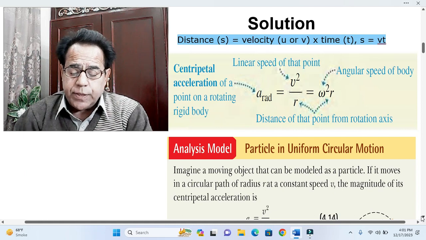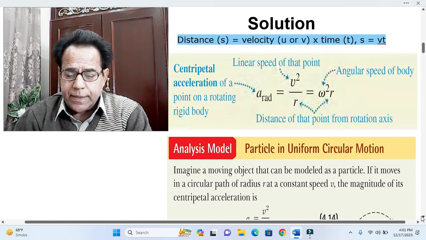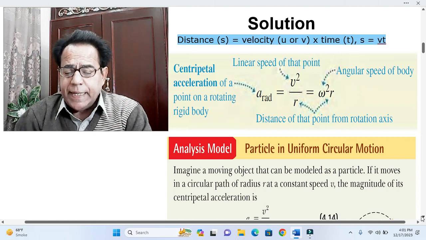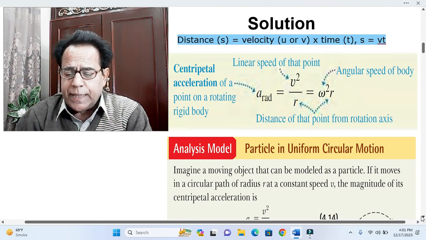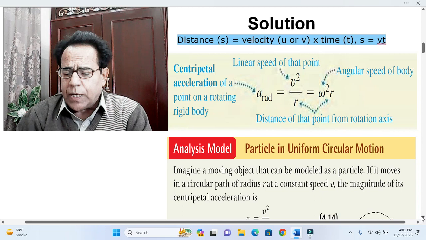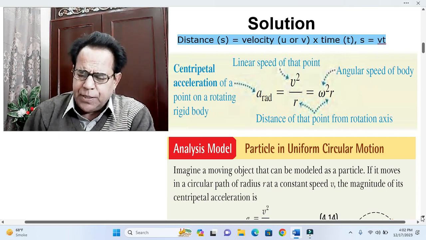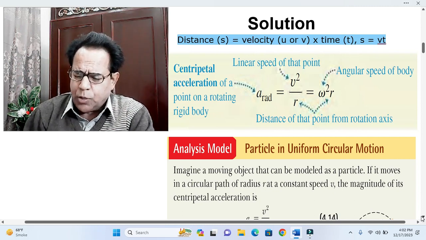According to this snapshot, the centripetal acceleration of a point on a rotating rigid body, a subscript rad, is equal to V square over R, where V is the linear speed of that point and R is the distance of that point from the rotation axis, is equal to omega square R, where omega is the angular speed of the body and R is the same as in the previous step, the distance of that point from the rotation axis.